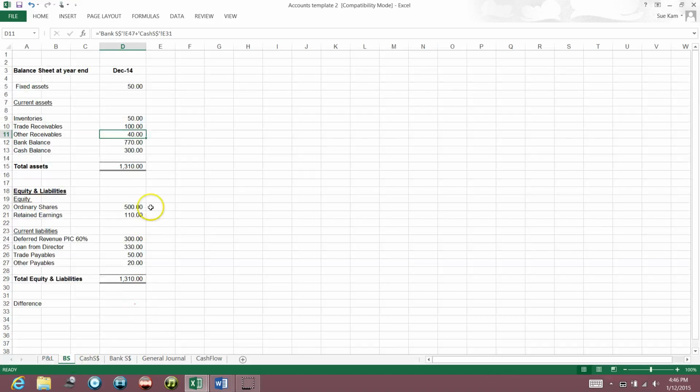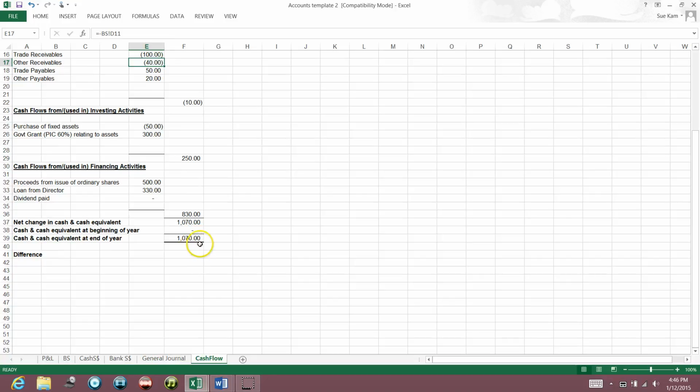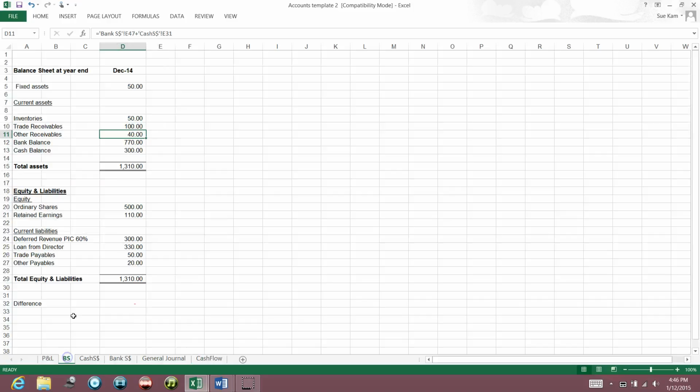The balance sheet will be auto generated and balanced, and the cash flow is also auto generated. So the ending cash balance balances with the cash and bank balance in the balance sheet. I have demonstrated to you how easy it is to use this.